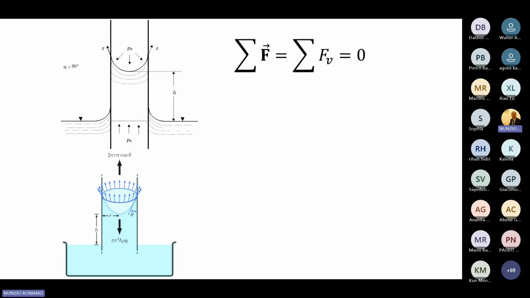If we have equilibrium, from physics we know that all the forces that act on the system should sum to zero. This is what you see in the upper part of this slide: the summation of all the forces, as vector forces.